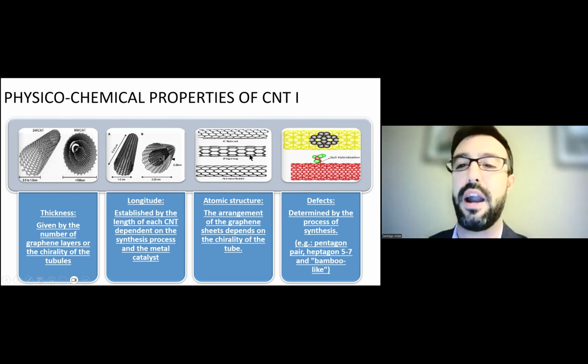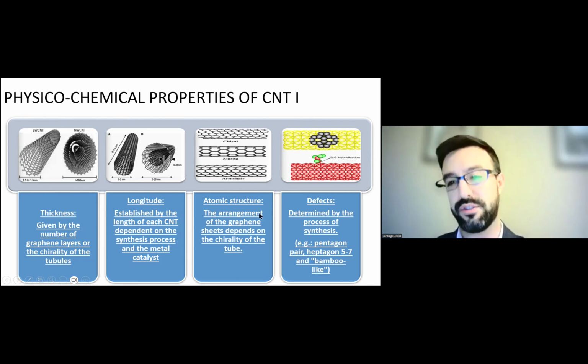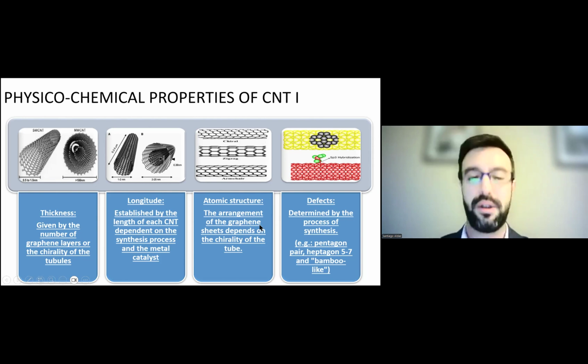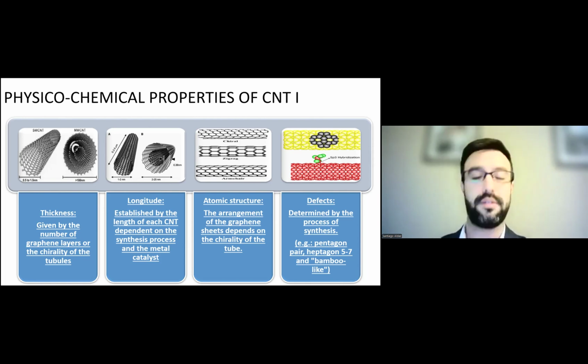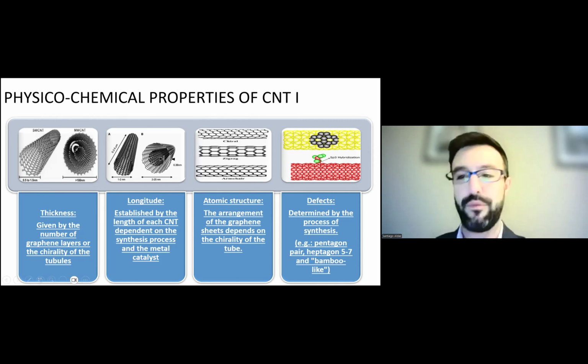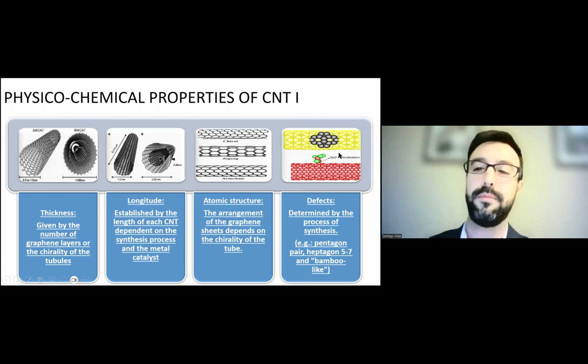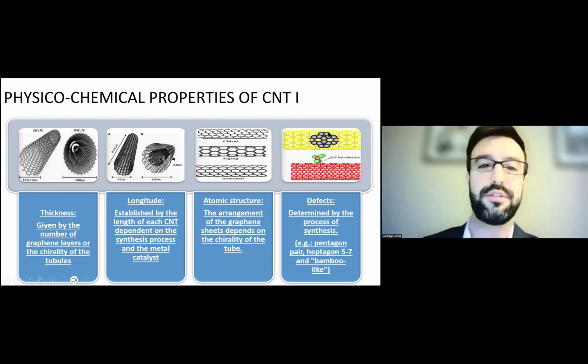We can have a chiral, zigzag or armchair atomic structure. But not only the manufacturing process gives physical-chemical properties to the CNT, but also the defects that, of course, arise thanks to the manufacturing process. For example, the pentagon pair, the heptagon 5-7, and the bamboo-like structure.